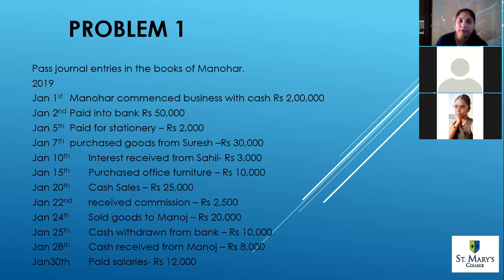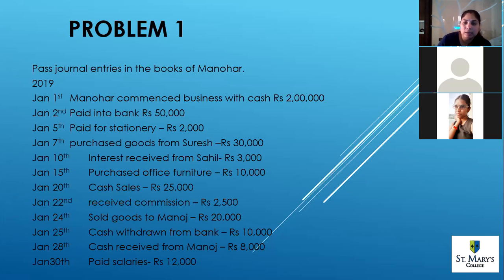And we are writing entries in the books of Manohar. That means we are preparing the books of accounts for Manohar. So right now we are assuming ourselves to be Manohar. So we are writing the entries in our own books. And the first entry says that business has been commenced with cash of rupees 2 lakhs.